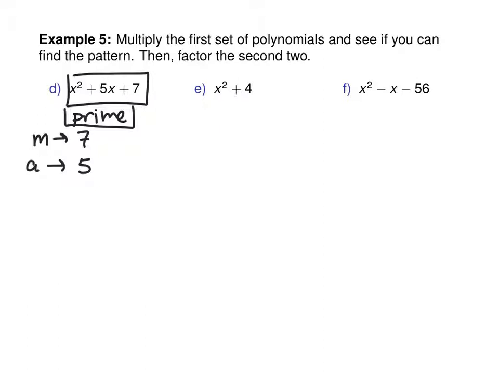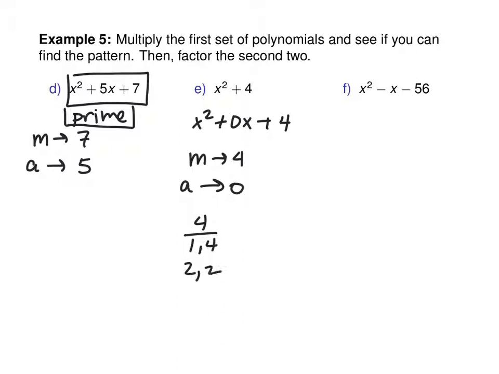This next one, you're like, but there is no x in the middle. Oh, but there is. I'm going to make one: x squared plus 0x plus 4. Does that make sense? So we need numbers that multiply to make positive 4 and add up to 0. 4 is 1 times 4.